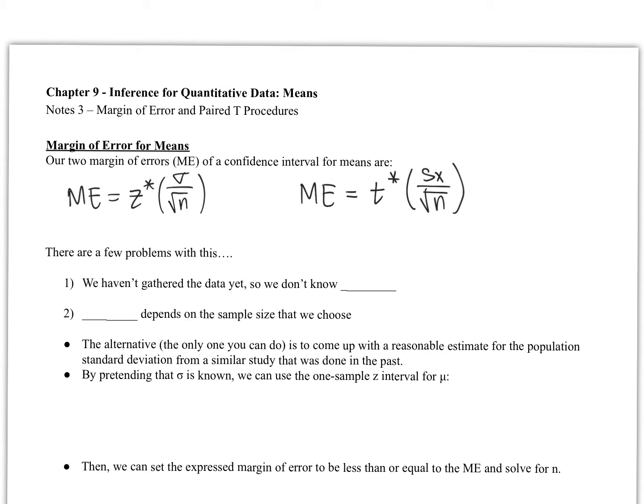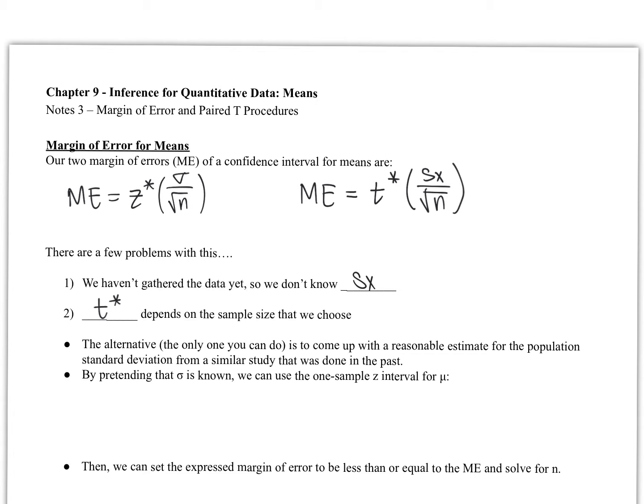So there are a few problems with margin of error for means. One, we haven't gathered the data yet, so you don't know the sample standard deviation. Also, our t critical value depends on the sample size we choose, because it involves degrees of freedom.